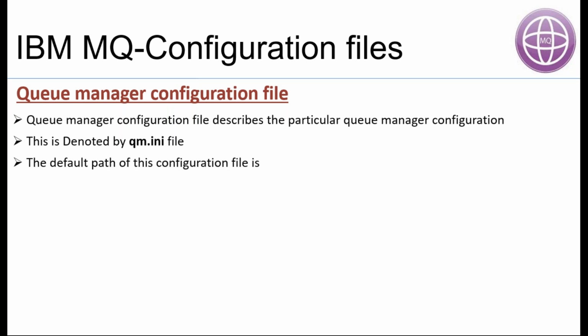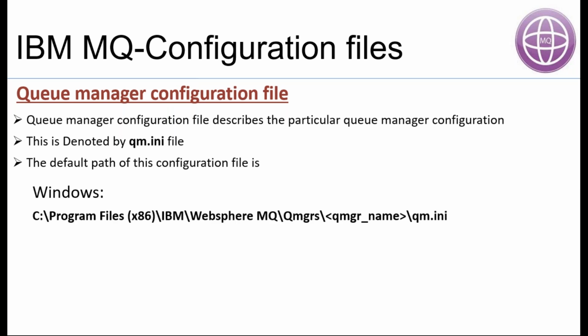The default path in Windows is like this, but let's come to Unix. In Unix, it will be in the working path, which is /var/mqm/qmgrs, go to that particular queue manager name directory, and there is a file called qm.ini.